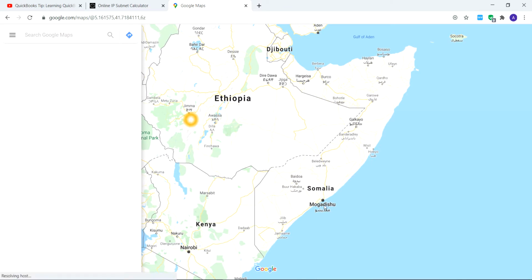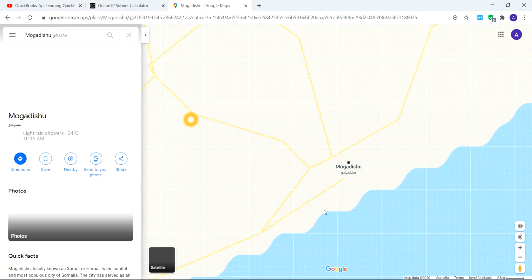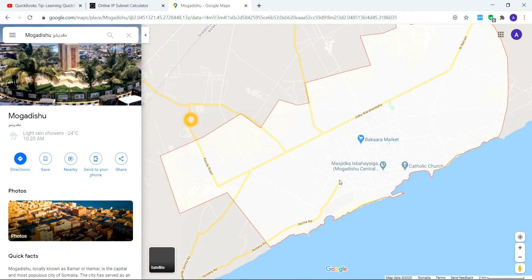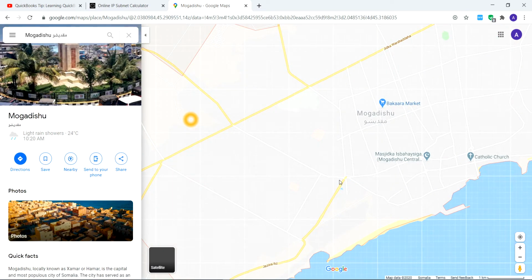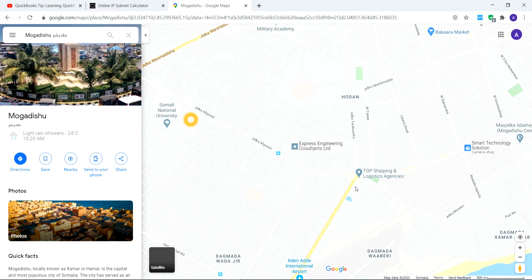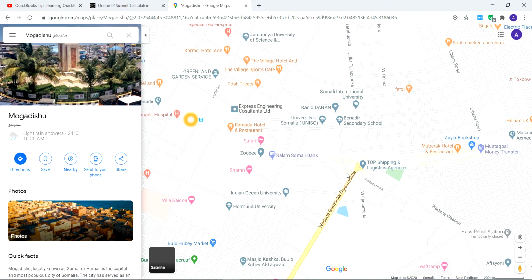I'm living right now here in Mogadishu, so let me go to Mogadishu. Mogadishu is the capital city of Somalia. I think most of you have never visited because of security issues. Somewhere around here there is a well-known junction called Kilometer 4.